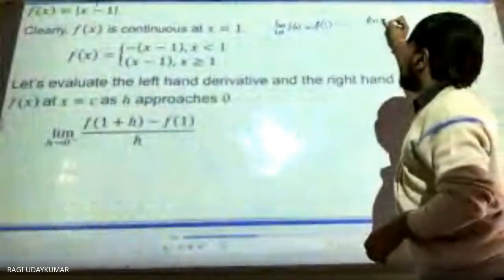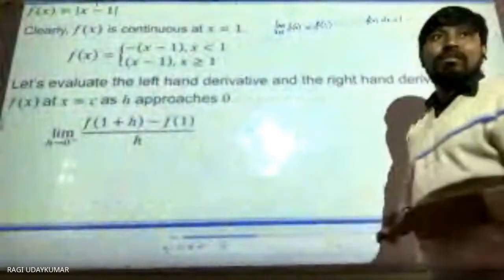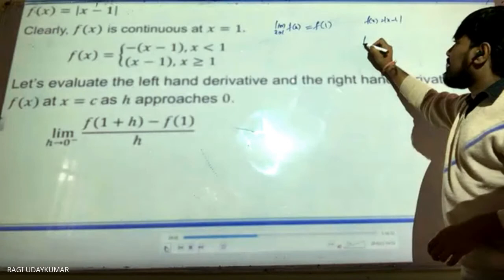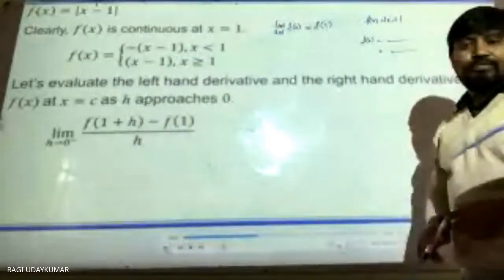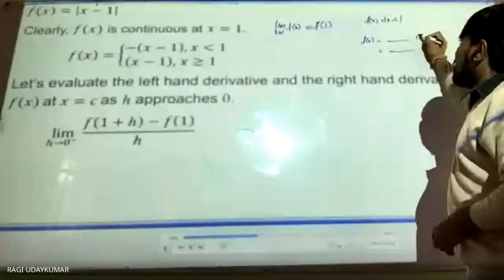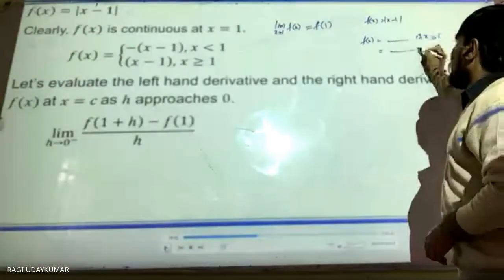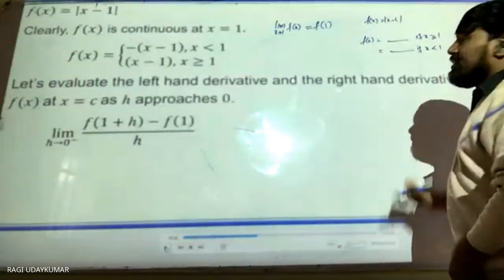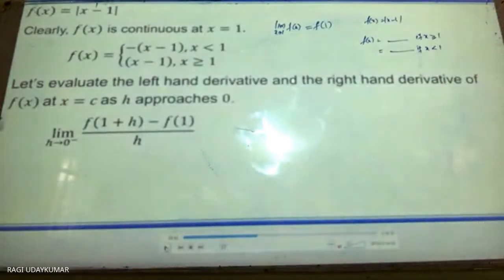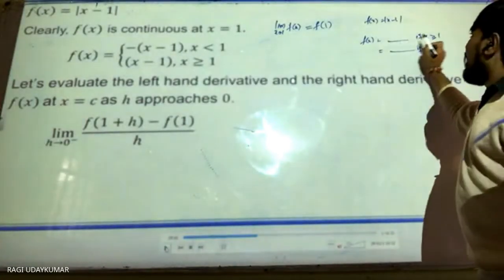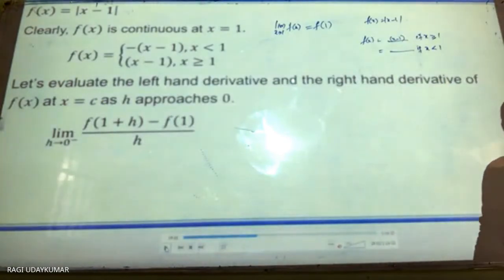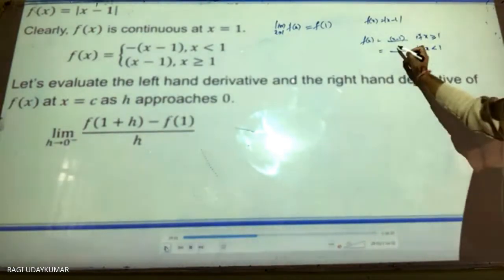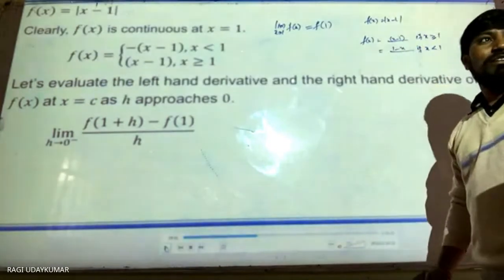This function f of x is equal to mod x minus 1, like this: f of x is equal to x minus 1 if x is greater than or equal to 1, and minus of x minus 1, which can be written as 1 minus x, if x is less than 1.